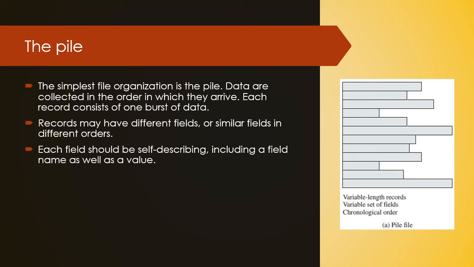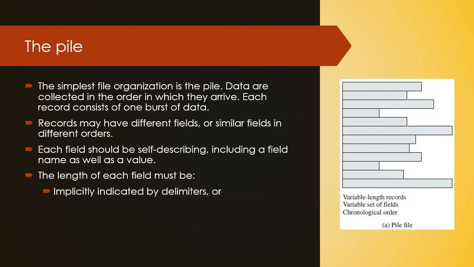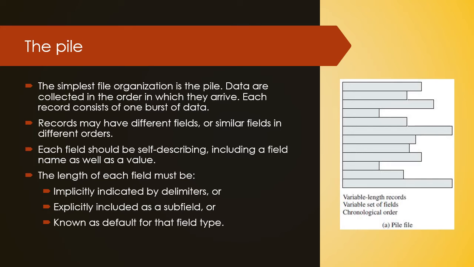Each field should be self-describing, including a field name as well as a value. The length of each field must be implicitly indicated by delimiters or explicitly included as a subfield or known as default for that field type.